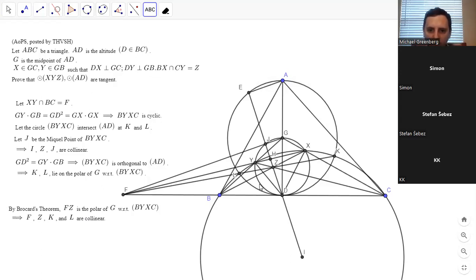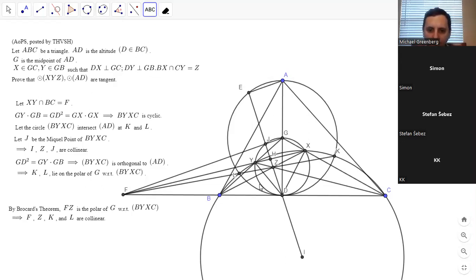Okay. So for example, for D, it is quite obvious, just FD is the tangent. Yeah. For I, we have that IL and IK are tangents because we have the orthogonal circles. Yeah. And Brocard's theorem then finishes that.